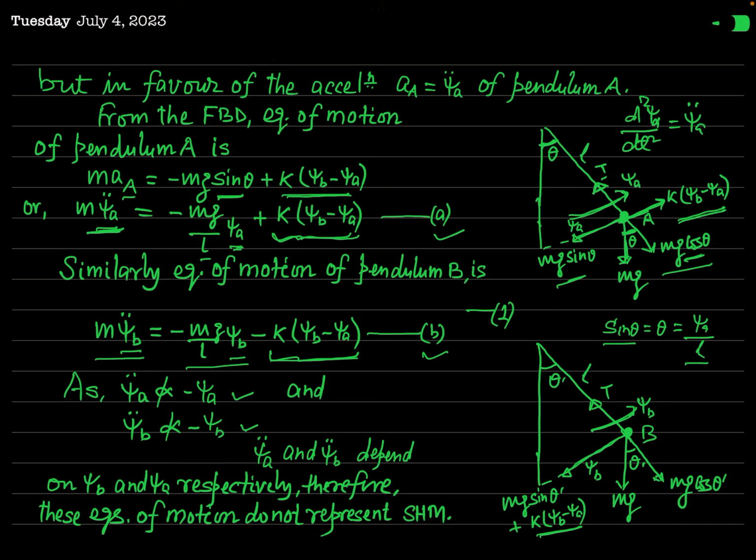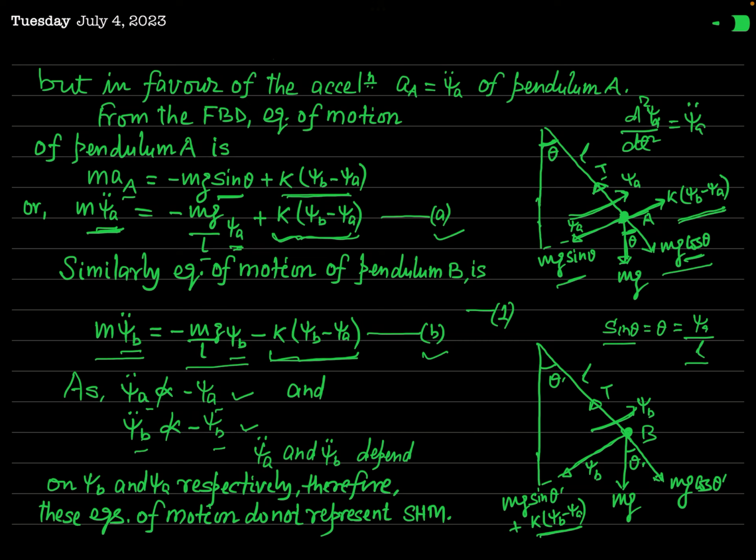But as you know, when acceleration psi double dot is proportional to minus psi, then motion will be simple harmonic. So here we are observing that psi a double dot, that is the acceleration of pendulum A, is not proportional to its displacement, and similarly the acceleration of the second pendulum B is also not proportional to its displacement psi b. So in general we can say that the motion of these two pendulums is not simple harmonic.